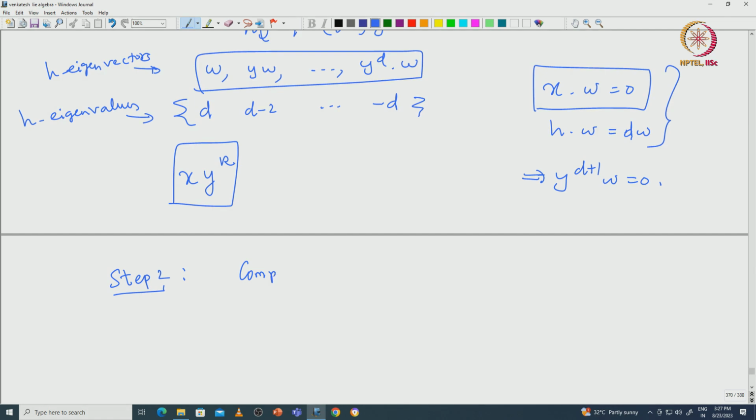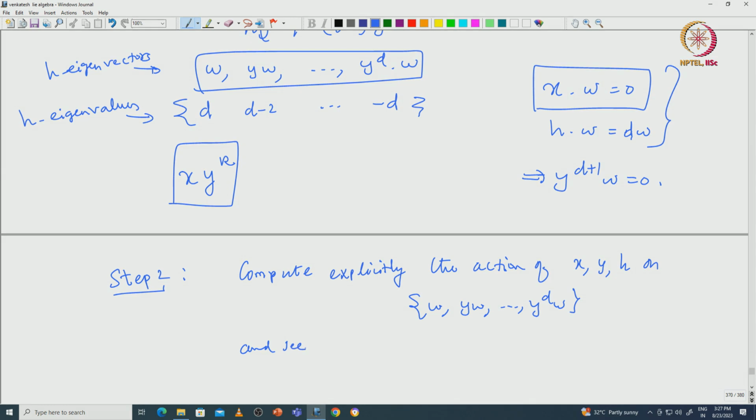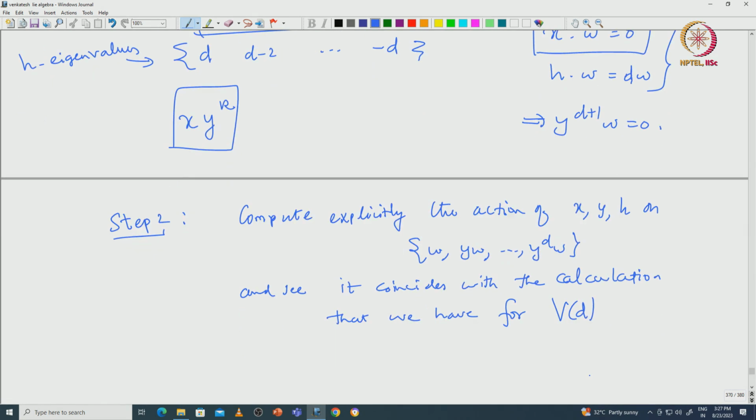So compute explicitly the action of x, y and h on this basis w, y w, etcetera, y power d w, and see it coincides with the calculation that we have for V of d.